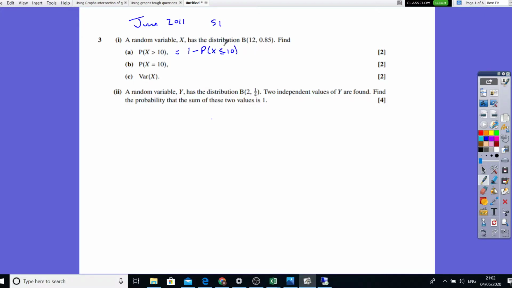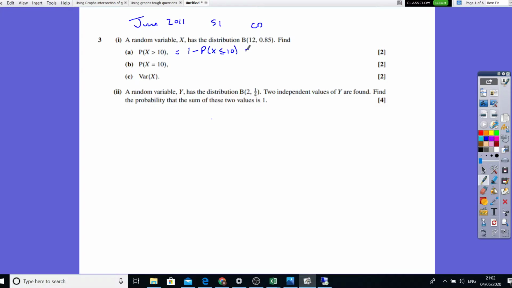Now, you can use your binomial function on your calculator. Just plug these numbers in, where x is going to be 10, and you've got to use the cumulative one, binomial CD, cumulative distribution. x is 10, n is 12, and the probability of success is 0.85.